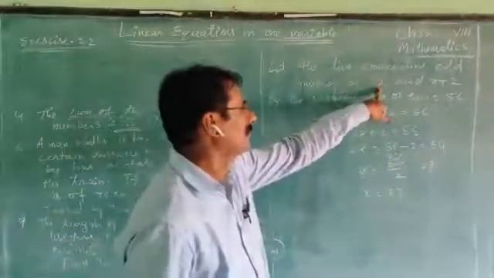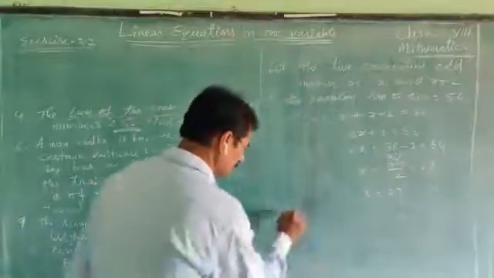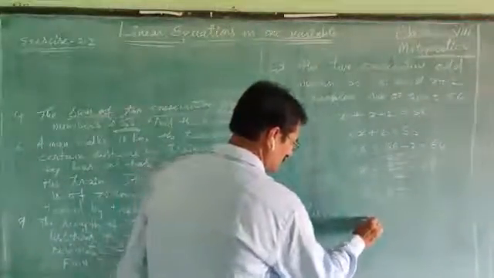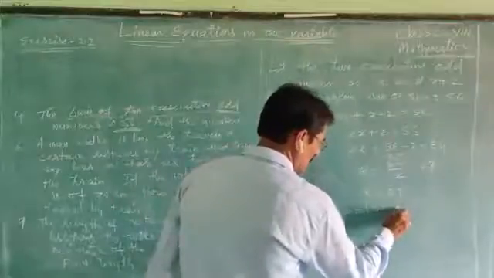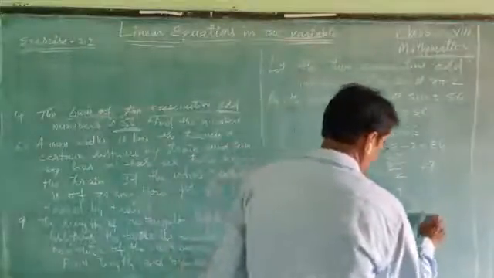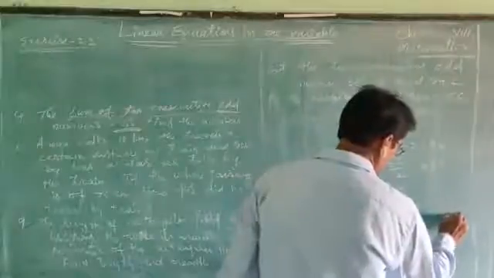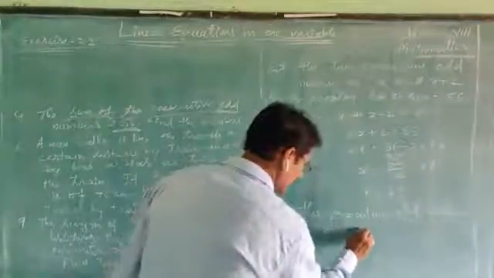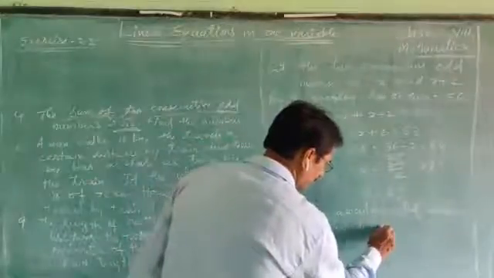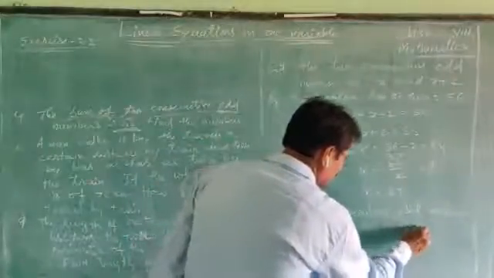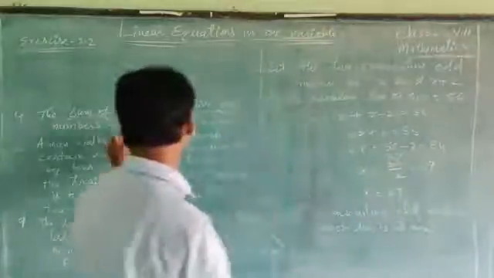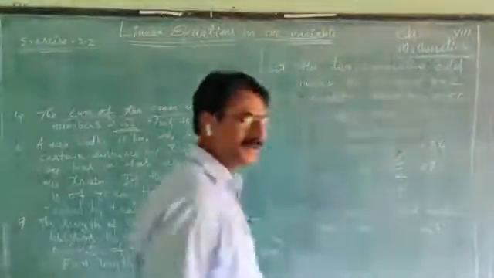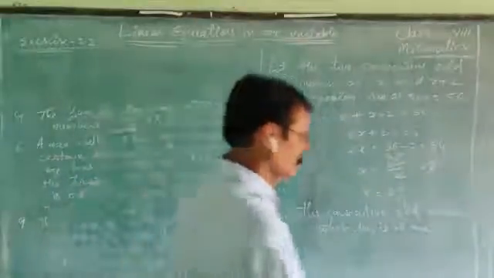Therefore, the consecutive numbers whose sum is 56 are 27 and, next, 27 plus 2, 29.